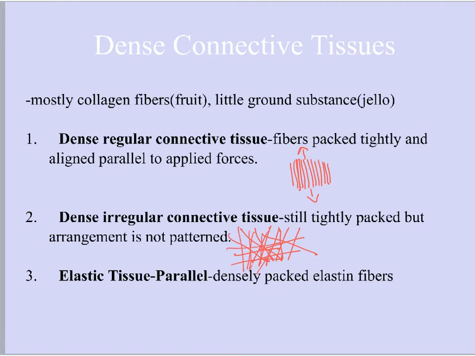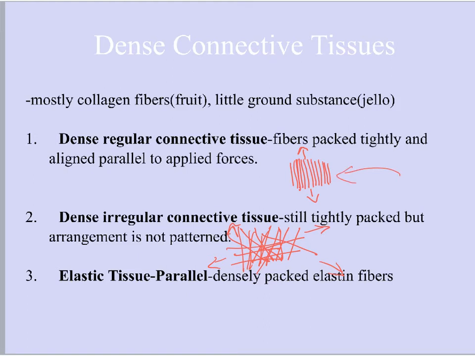And the importance of this is that this tissue can take forces or stress from many different directions. So we can pull in that direction, it can be pulled in this direction and that direction, and that makes this type of tissue very versatile. But it's not as strong as dense regular.